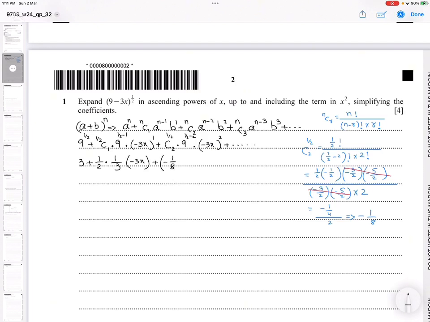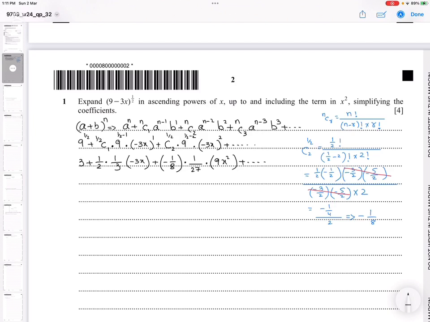Minus 1 over 8. And 9 power 1 over 2 minus 2, when you simplify this, you get 1 over 27 times negative 3x whole square. The square of negative is positive, so don't write it, and the square of 3 is 9, and x square plus dot dot dot.